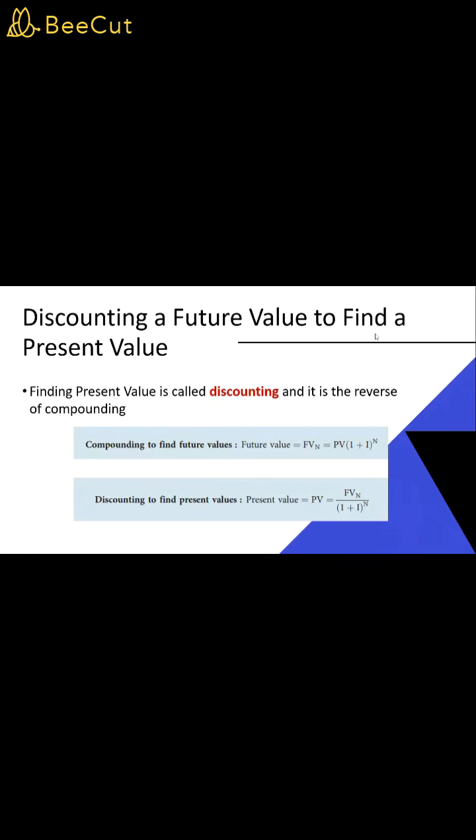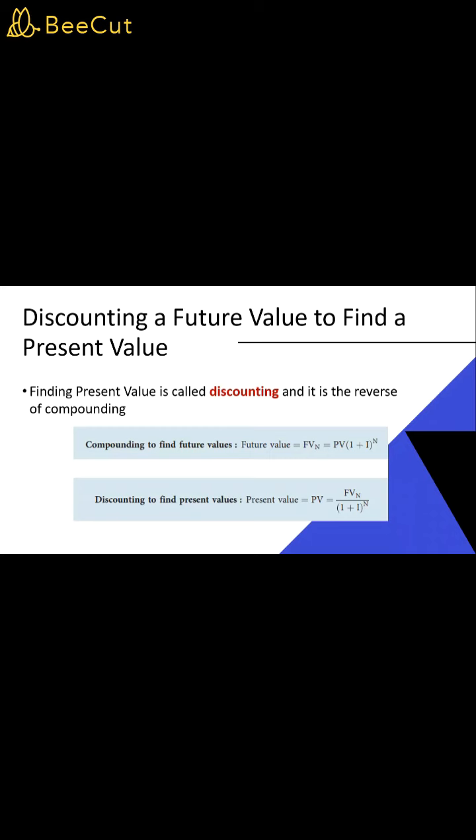Okay, next I'm going to move towards calculation of present values. Remember, when we were calculating future values, that was also referred to as compounding. When you are calculating present values, that is referred to as discounting. And discounting is the reverse of compounding.